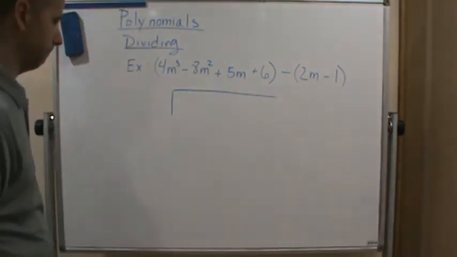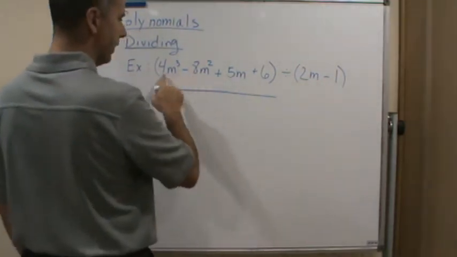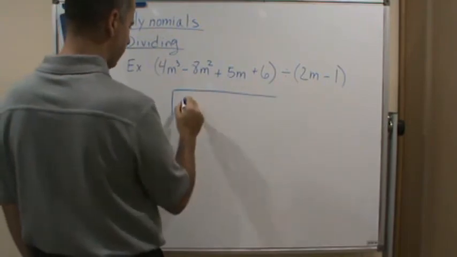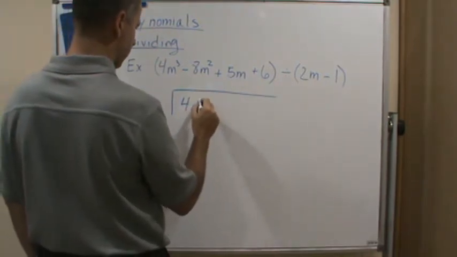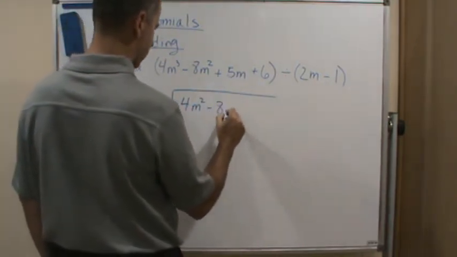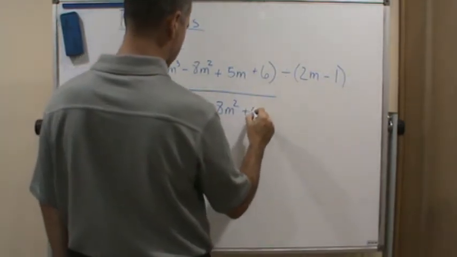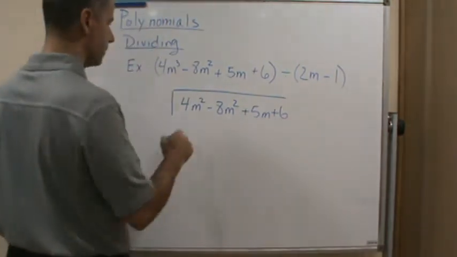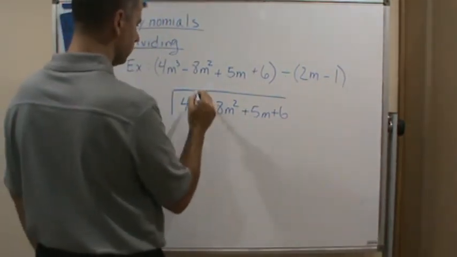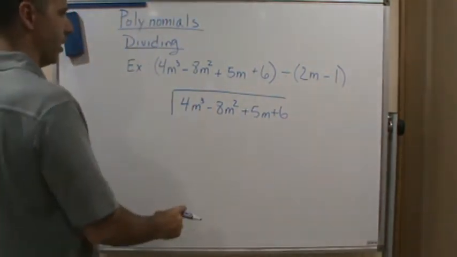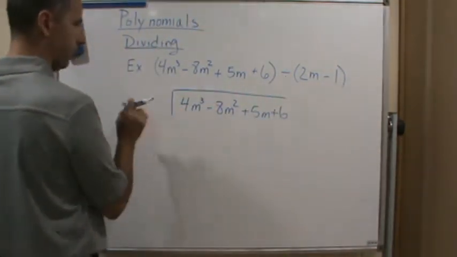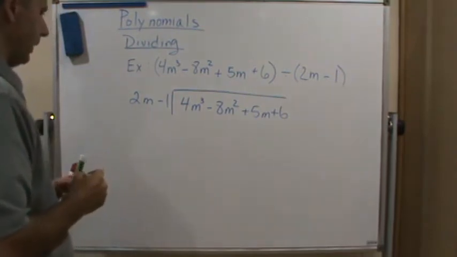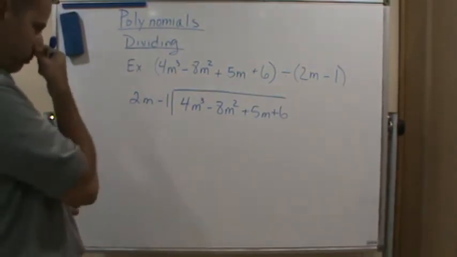We take our dividend, which is here, and then we take our divisor and put it here.